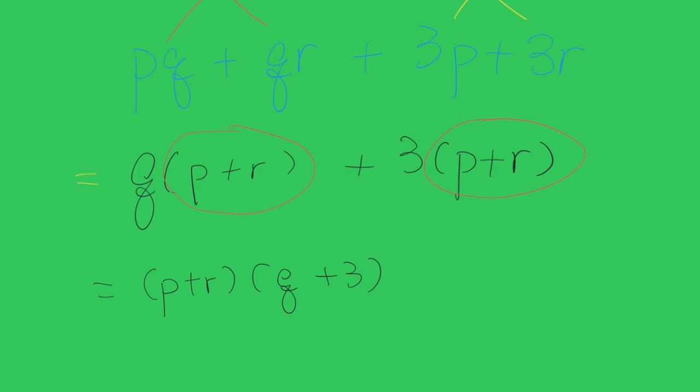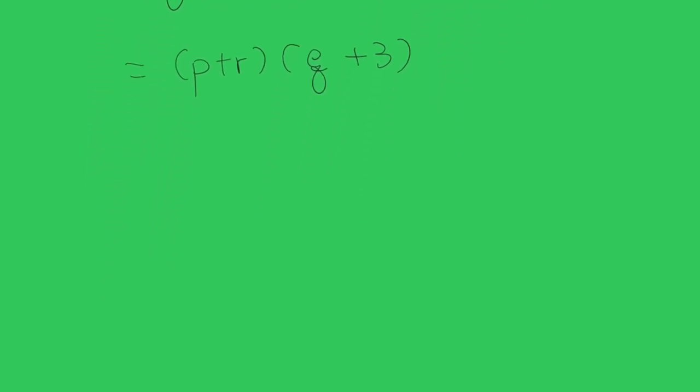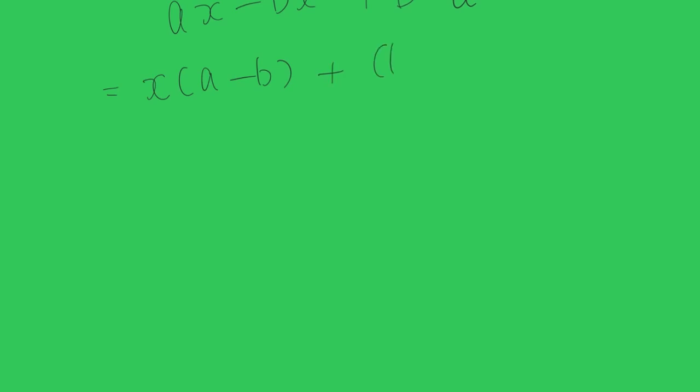The next one will be like this. Imagine now you got ax minus bx and then add b minus a. When you take out the common factor between the first two terms, you got a minus b like this, but for this one, you got b minus a. What can you do so that you can swap them?